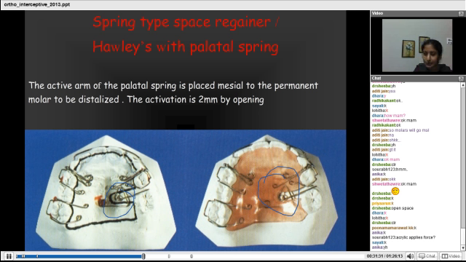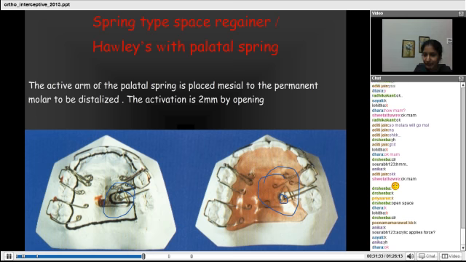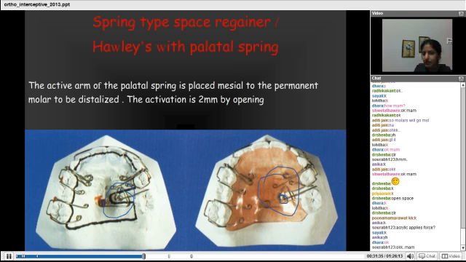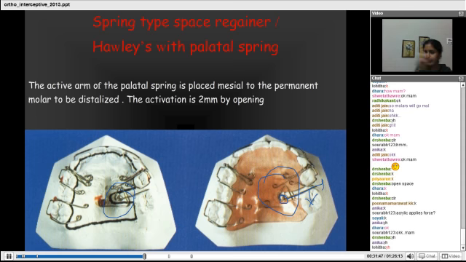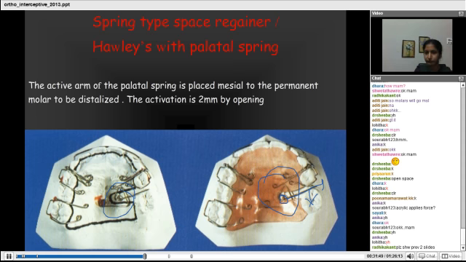In palatal spring, you just activate the spring and it will start moving the molar distally. As you keep activating the spring, this arm which is here will start moving distally. Clear? So that is a Hawley's with a palatal spring, also known as spring type.